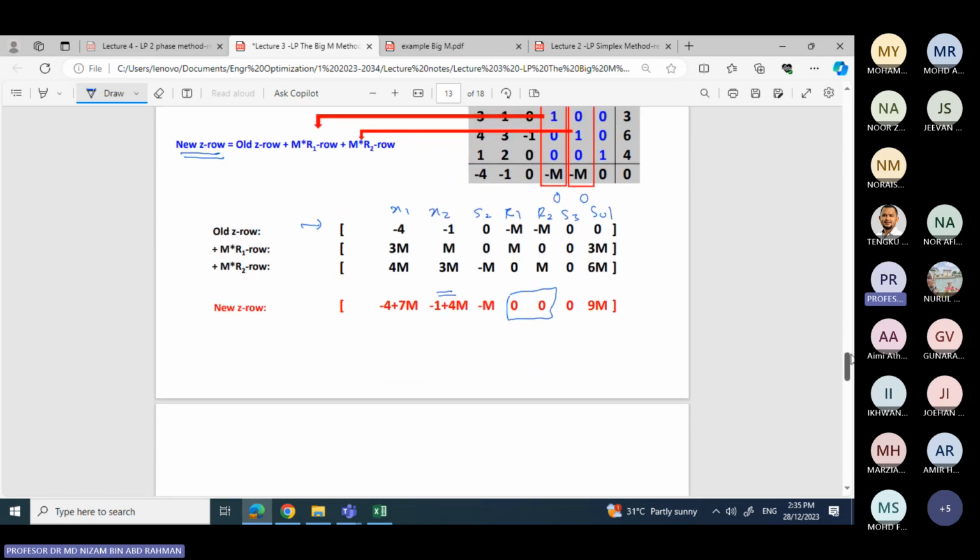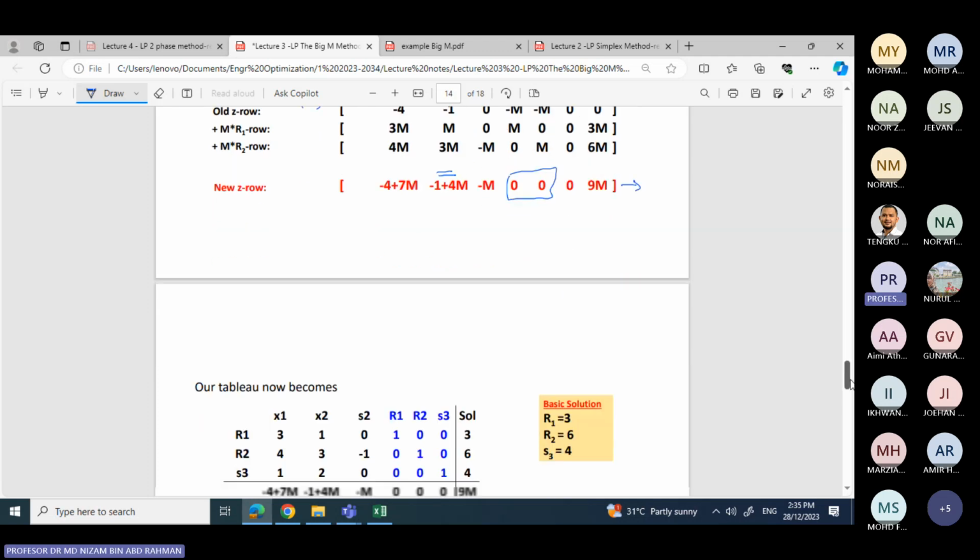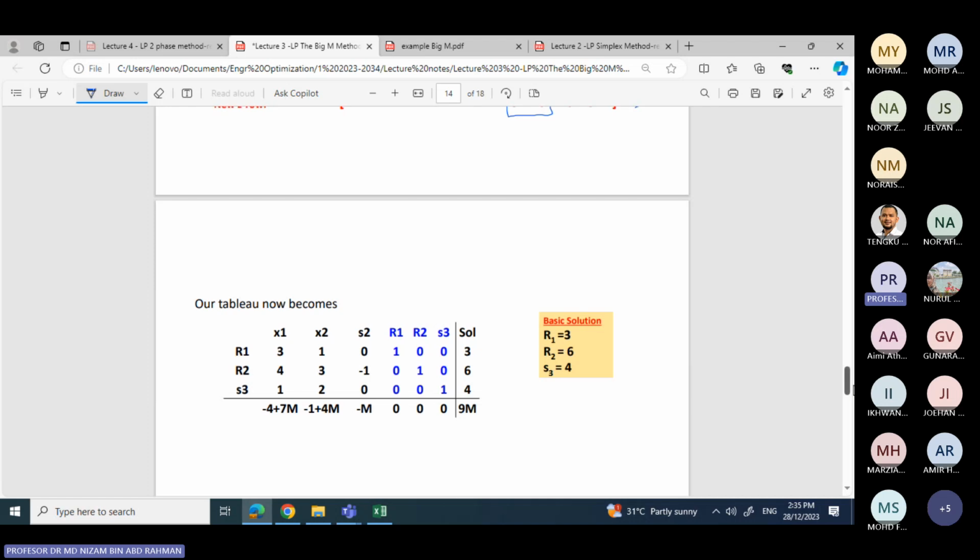Then next step, basically you take this new Z row and then substitute it into the initial tableau. So now our tableau become this. So from here to here, no change. The only change is this.